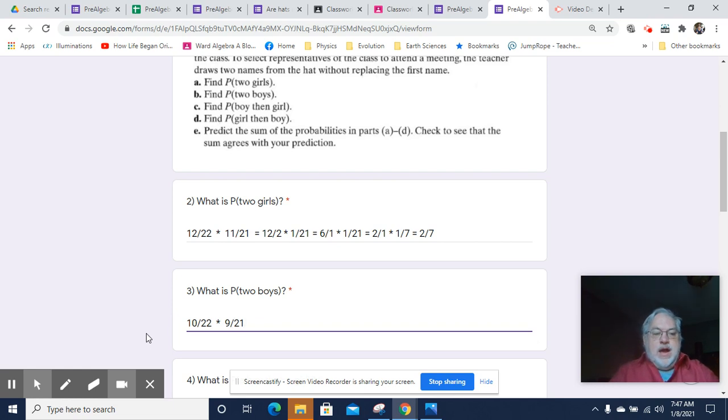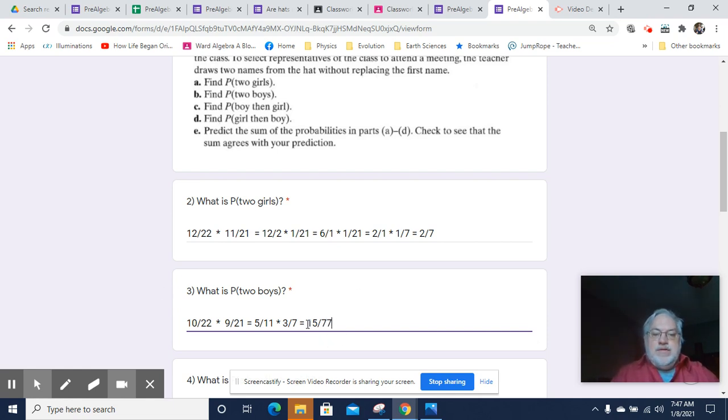So once again, we can do a little cross reducing. 10 over 22 becomes 5 over 11, and 9 over 21 can become 3 over 7, and that's just a little easier to work with. So that becomes 15 over 77.